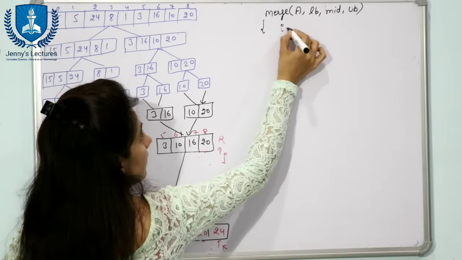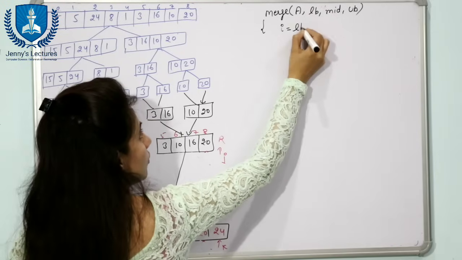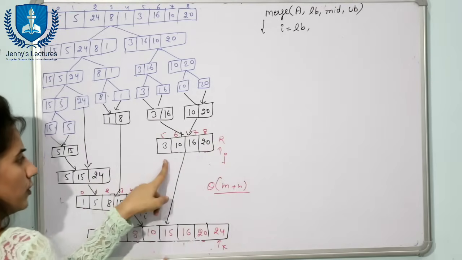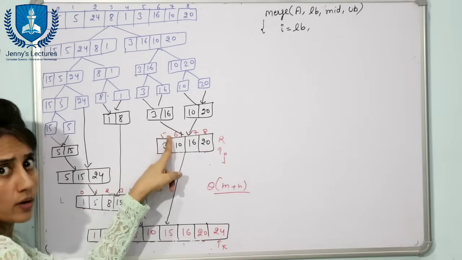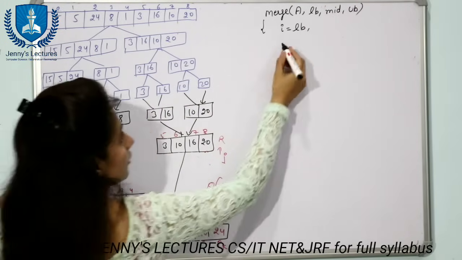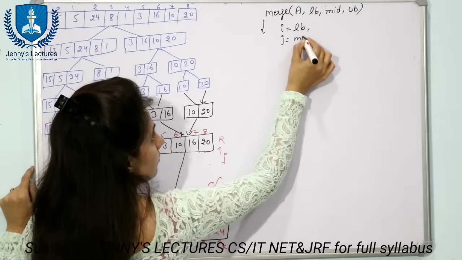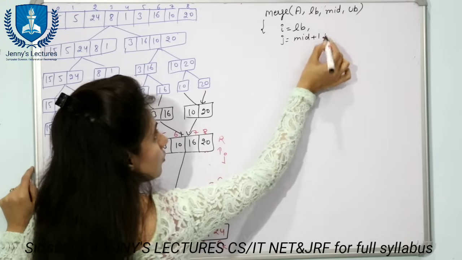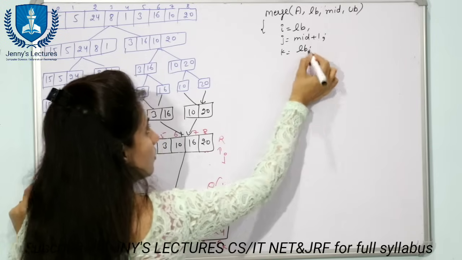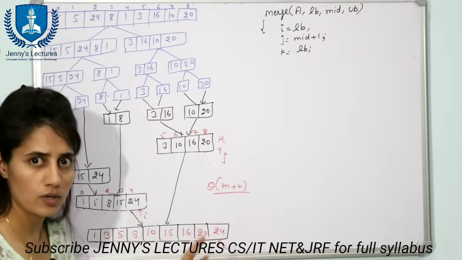I is equal to lower bound, and j would be from mid plus 1, because see here mid is 4, so j is from here, 5, so j would be from mid plus 1, and k is equal to lower bound only, from 0 only.